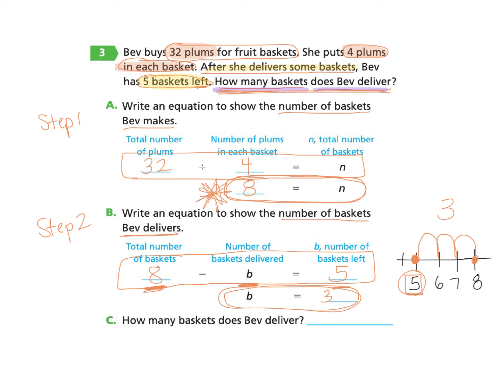B is my unknown number of baskets delivered, and I know that 8 take away 3 equals 5. So how many baskets does Bev deliver? Bev delivers 3 baskets. If you would like to go back and rewatch this video, you may do so and pause along the way as needed at any time.